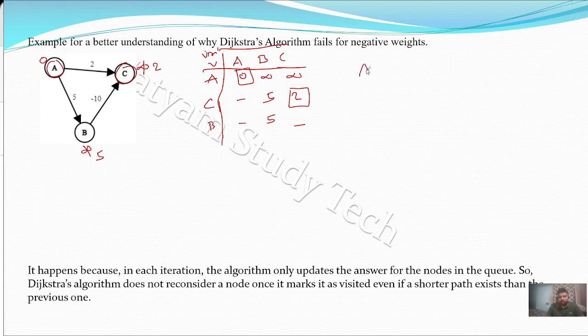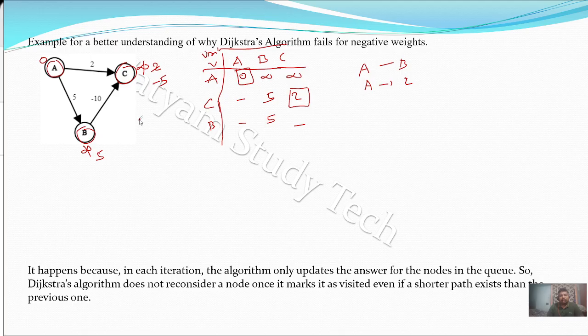A to B is 5, A to C is 2, but it is not a minimum. So here A to B is 5, 5 minus 10, that is minus 5. So minus 5 is the minimum, so we can update it.